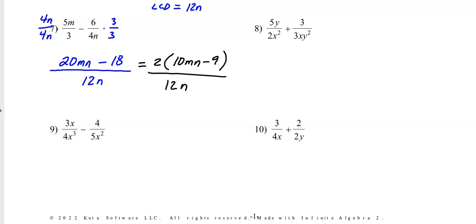Well, 2 twelfths can get whittled down. That can go into itself once. That can go into itself 6 times. So I end up having 10mn minus 9 over 6n. So I think that'll be my final answer. 10mn minus 9 all over 6 times n.